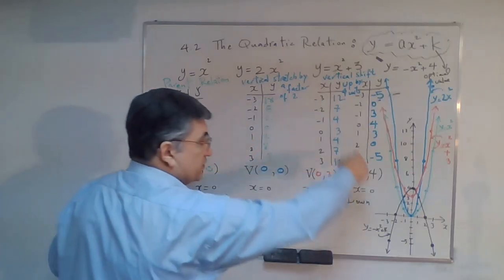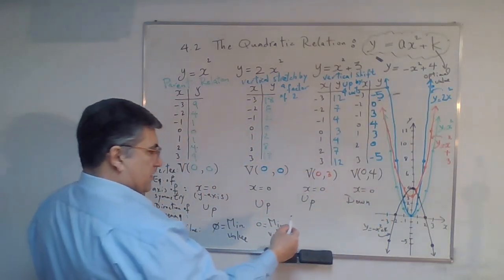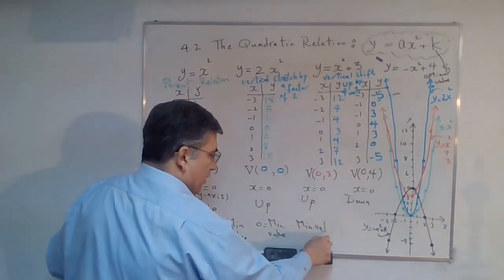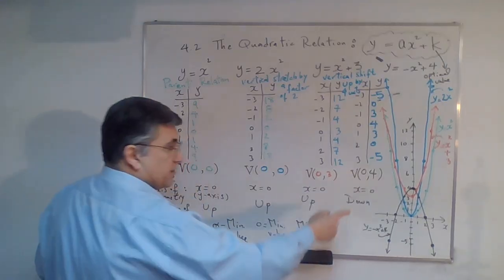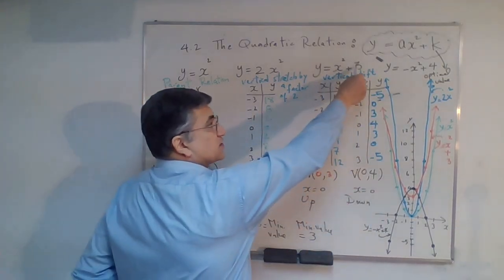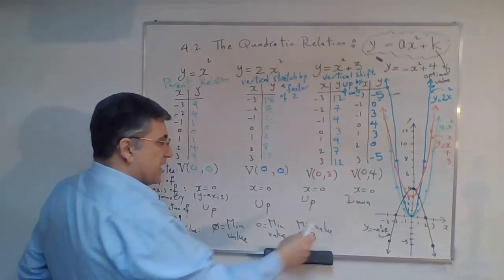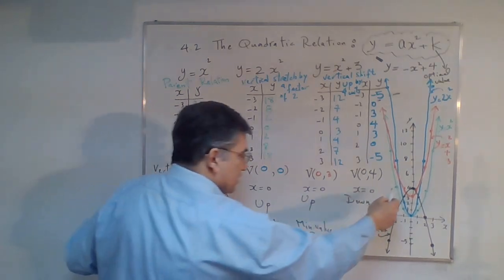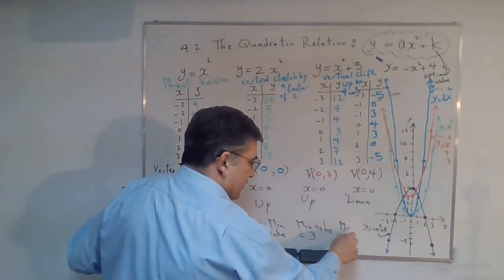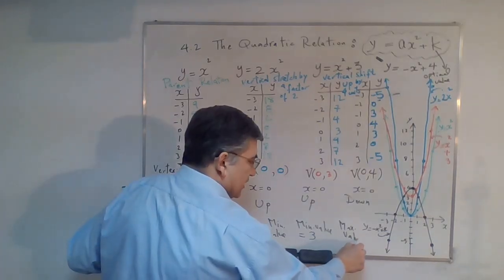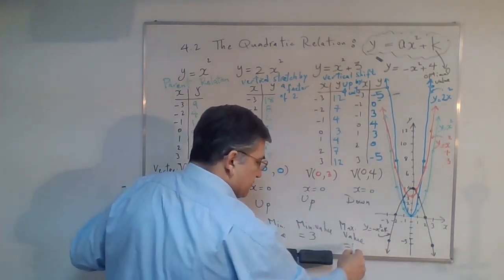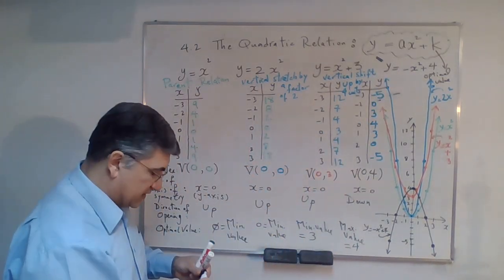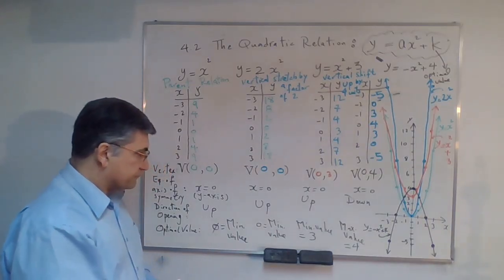For the third parabola, the red one, the minimum value this time was actually 3, because the y-coordinate of the vertex, or that so-called k value, was 3. And for the last one, because the parabola was opening downwards, the vertex was a maximum point, and we did have a max value instead of min value. And in this case, the max value was 4, clearly because the y-coordinate of the vertex was 4.